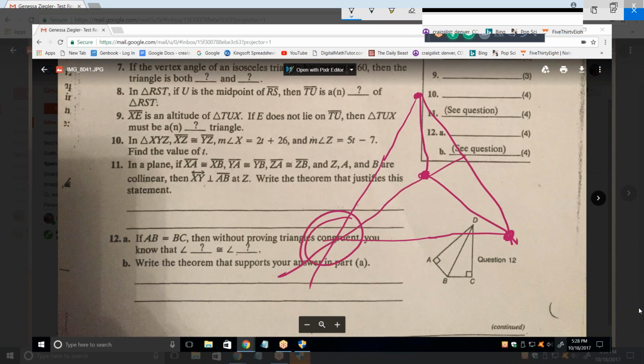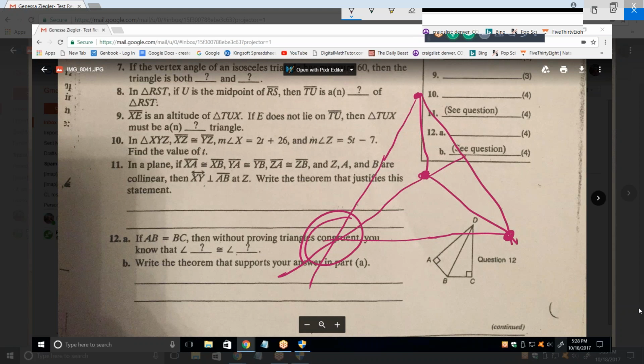So these angle bisectors, medians, and altitudes all intersect at a single place, all three lines, always with any triangle.